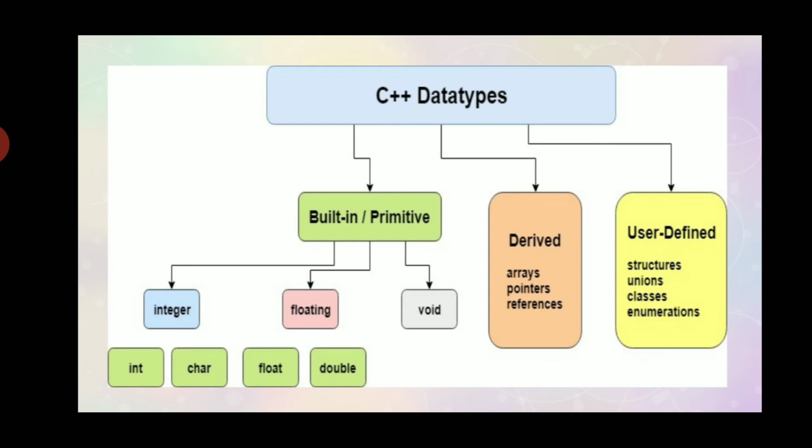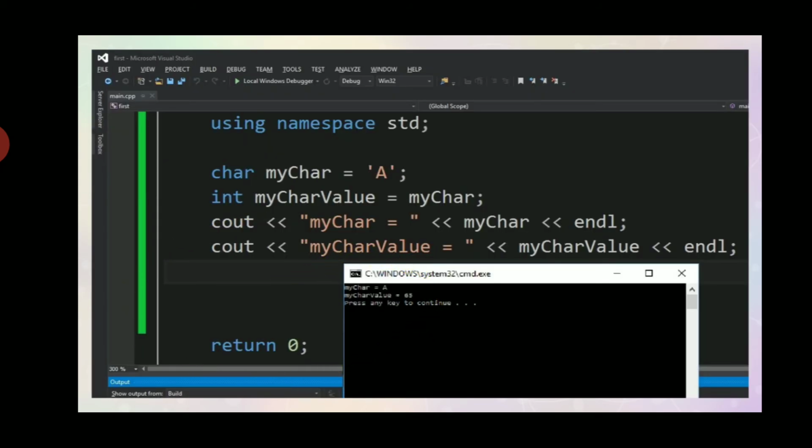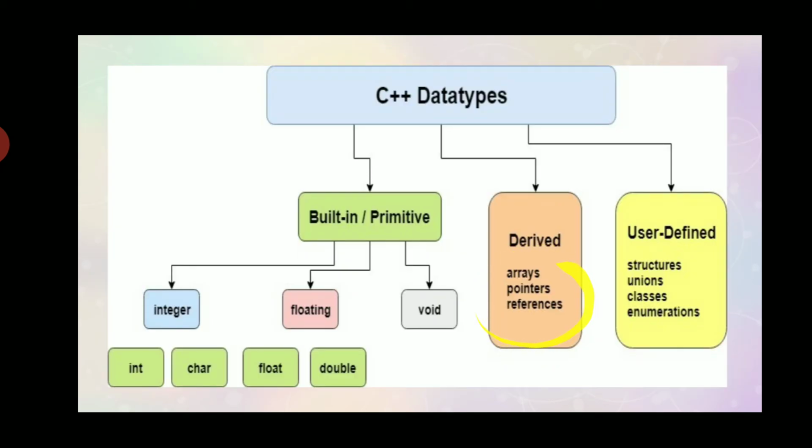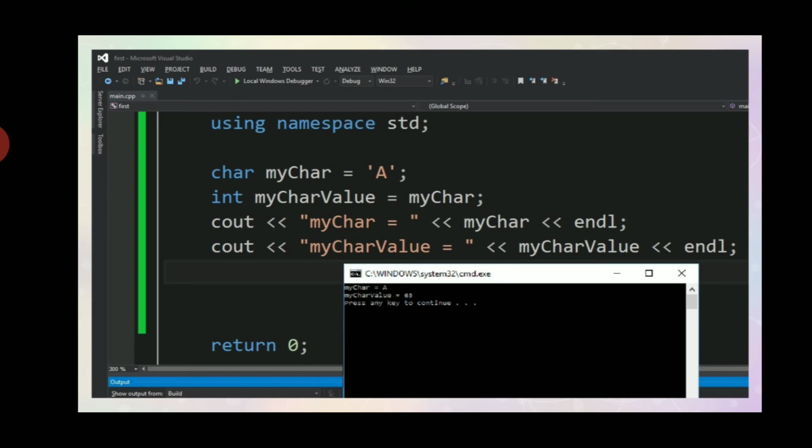Now another one, derived and user defined. Derived means you can make data types from integer or character. You can derive some data types from these: arrays, pointers and references. We will discuss these when you are in senior classes.